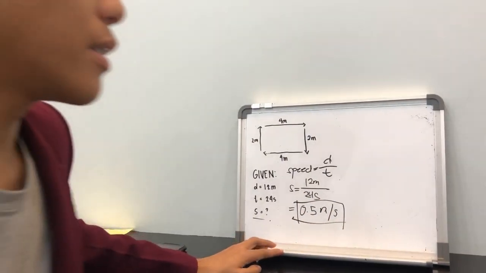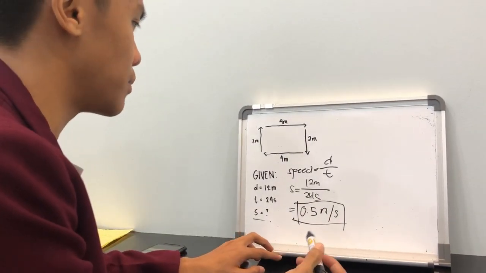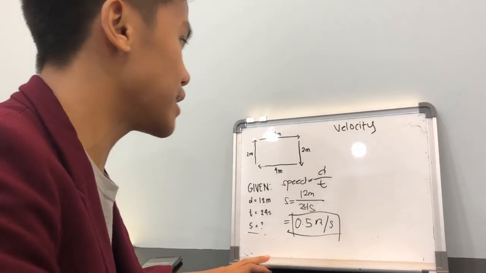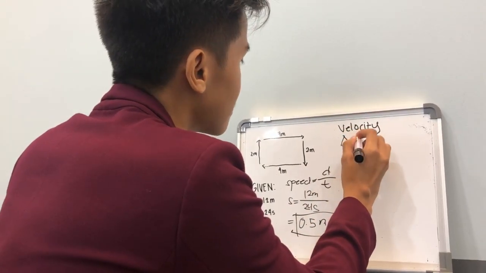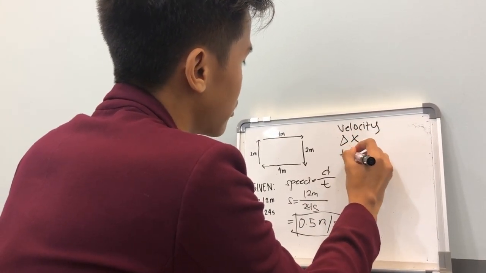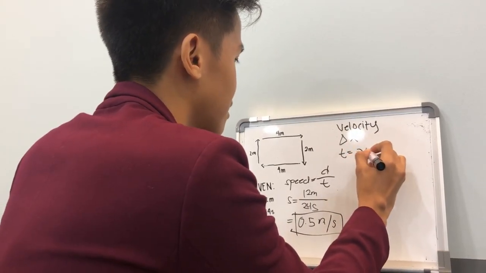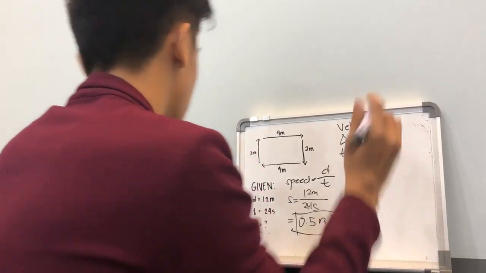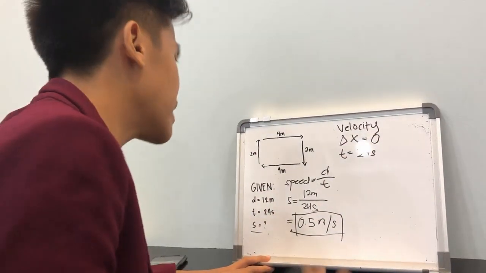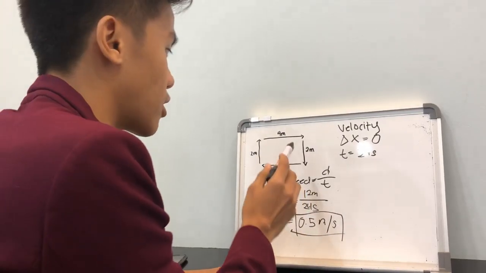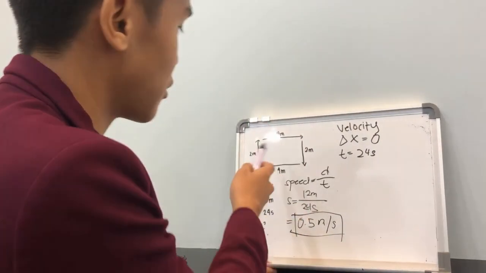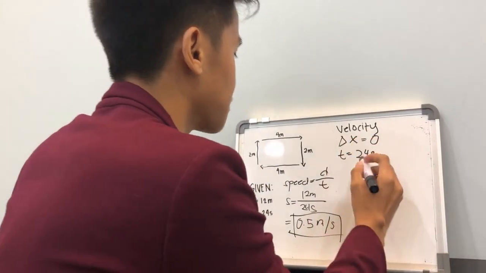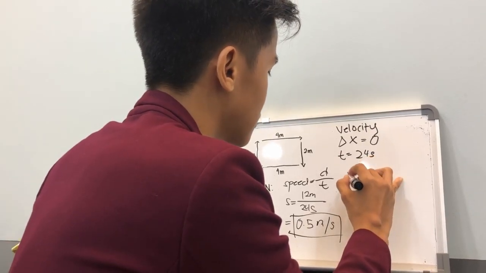And the next thing that we are looking for in this problem is the average velocity. So for velocity, we're gonna need delta x and the time. We already know time, which is 24 seconds. Delta x is 0 because the final and initial positions are the same. See, 4 meters, 4 meters, 2 meters, 2 meters. So there's no change. So let's go ahead and solve for velocity.